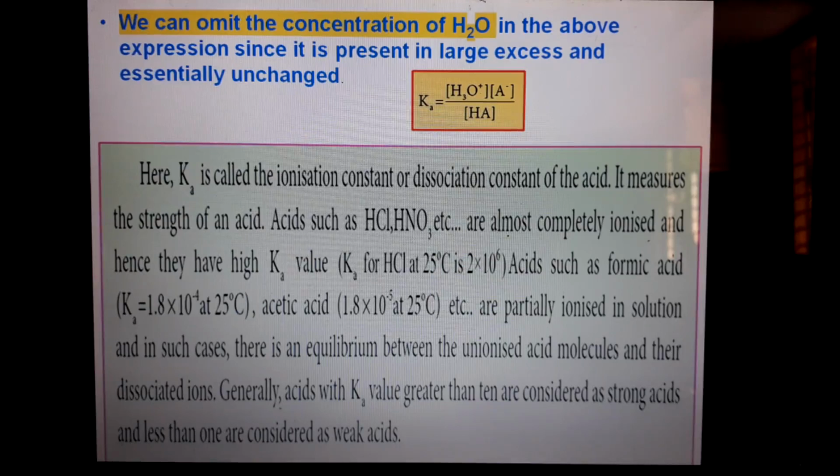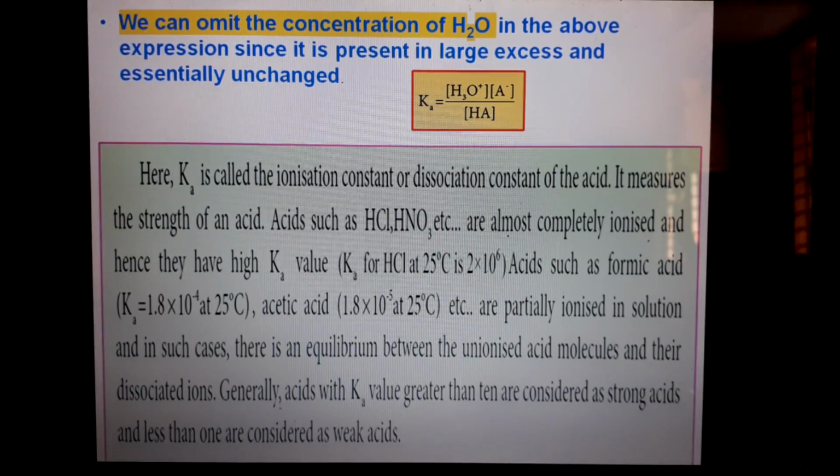In the laboratory, the inorganic acids, hydrochloric acid, nitric acid and sulfuric acid, are dissolved in water. They are completely ionized in water, so they have the higher Ka value.